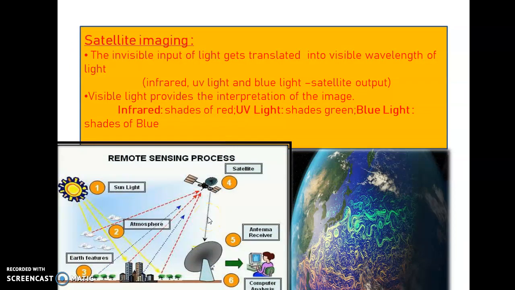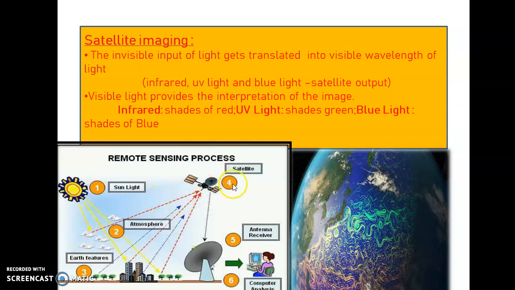So what generally happens in the remote sensing process? The rays from the Earth are reflected back into space, and in space our satellite is launched. This satellite receives all these reflections back from the Earth, and they are converted into certain signals.